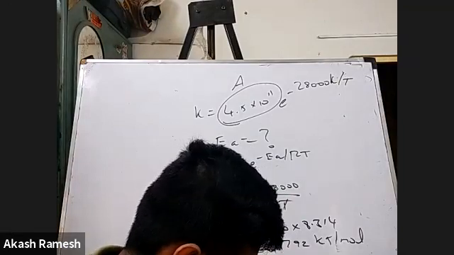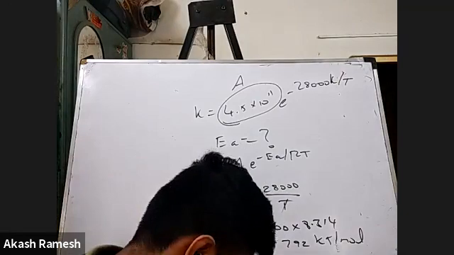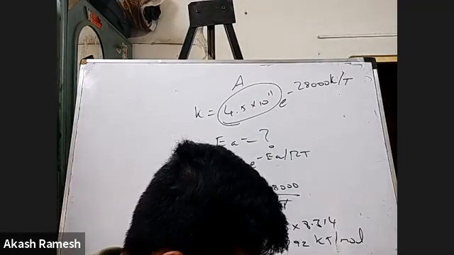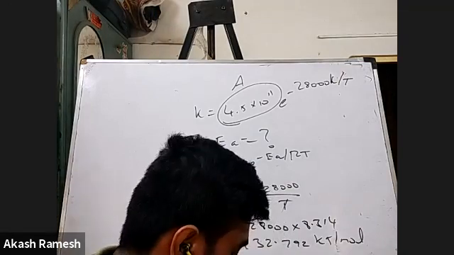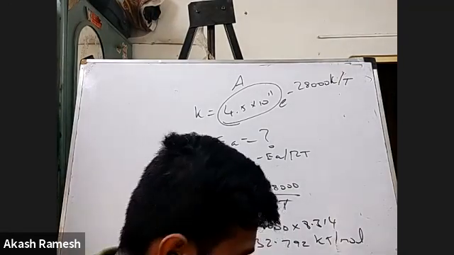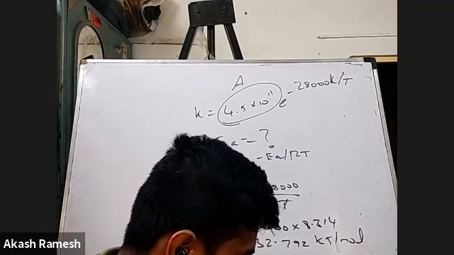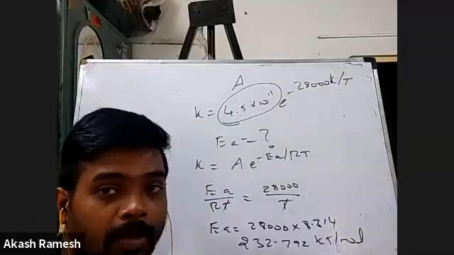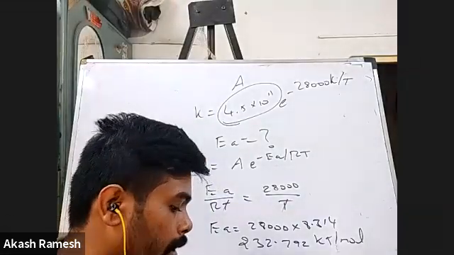This is the activation energy. So they're asking at what temperature the rate constant K would be 1.5 into 10 to the power 4 per second.